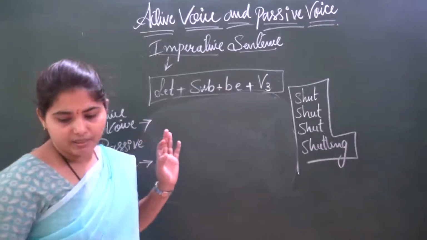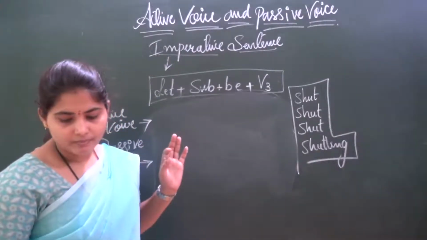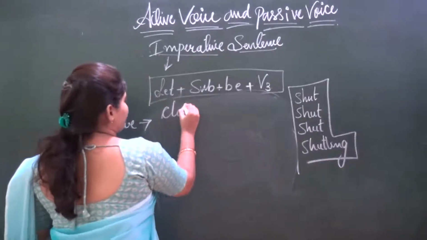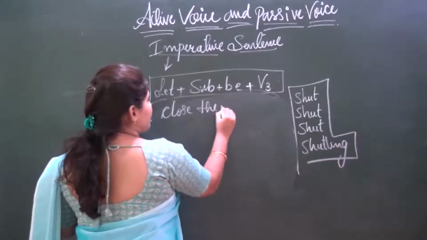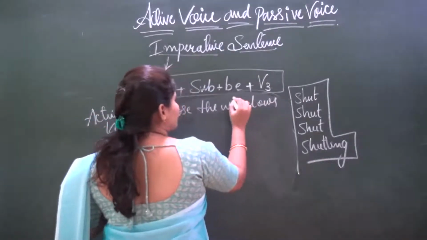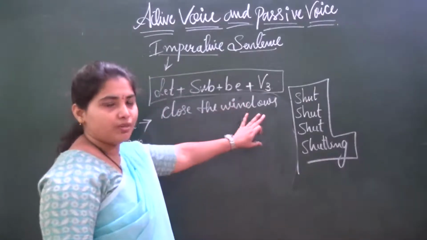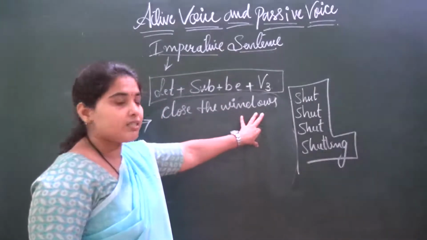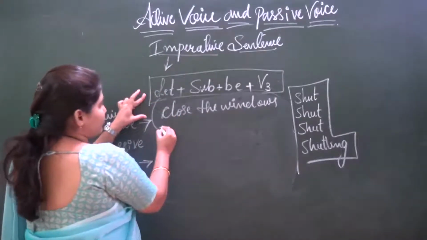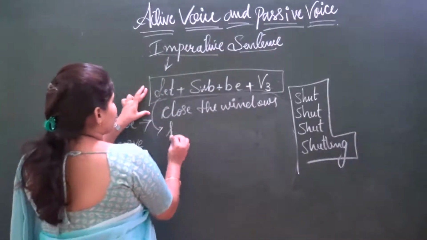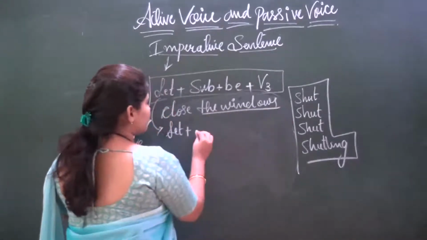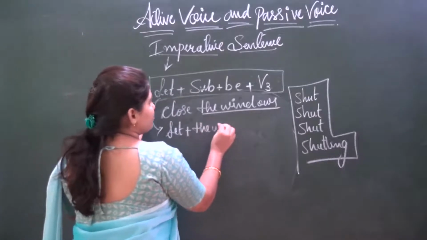Now, the second example is: close the windows. You are commanding someone to close the windows, right? So, the same formula you have to follow here. Let plus subject, the windows.